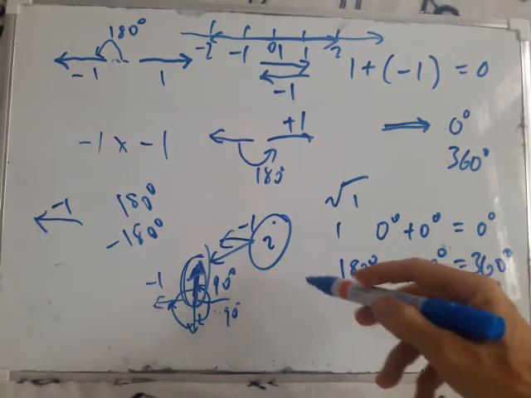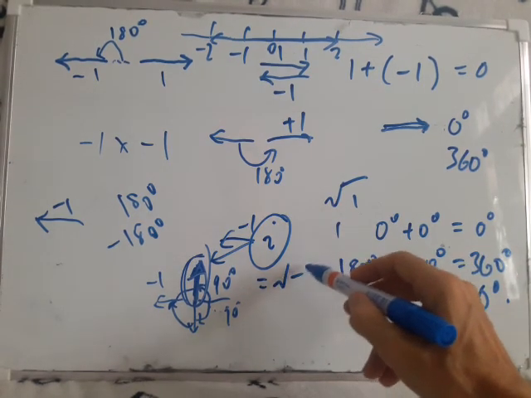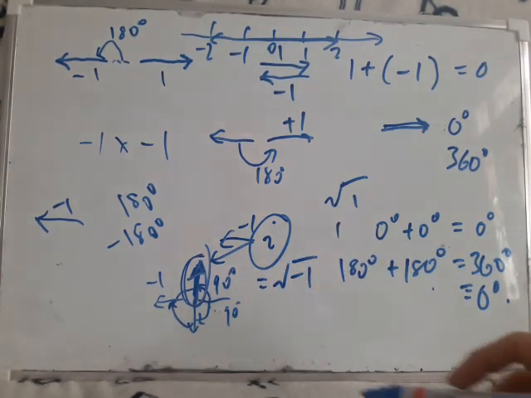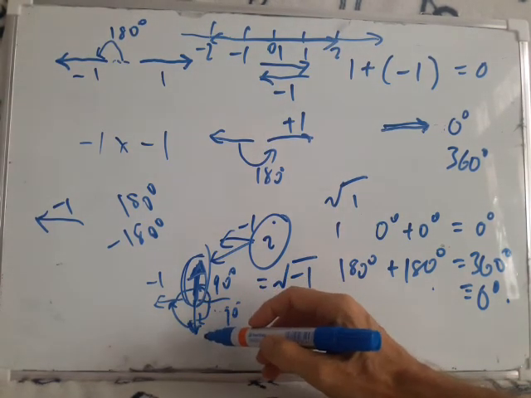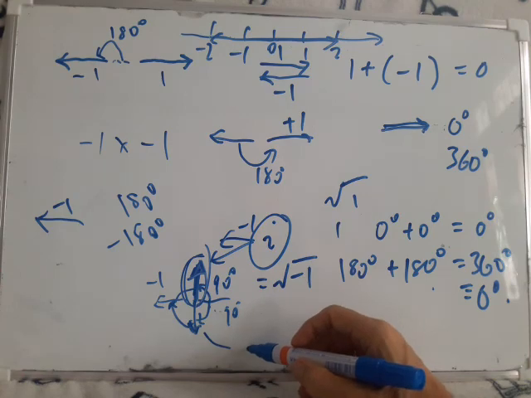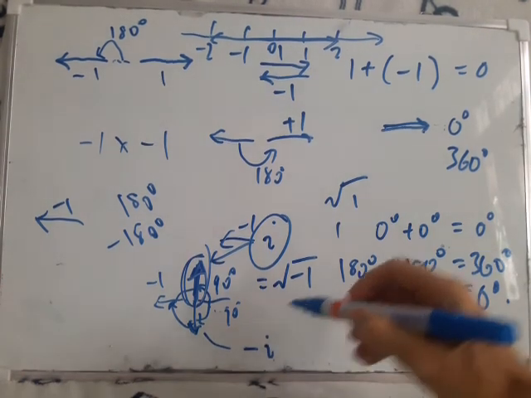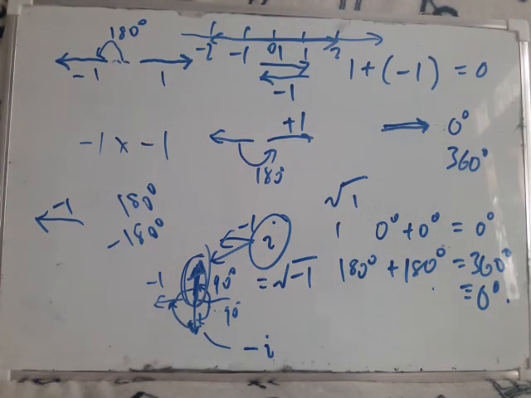So i is just the square root of -1. The vector pointing in the direction of -90 degrees is just going to be -i. So that's a geometrical picture of where imaginary numbers come from.